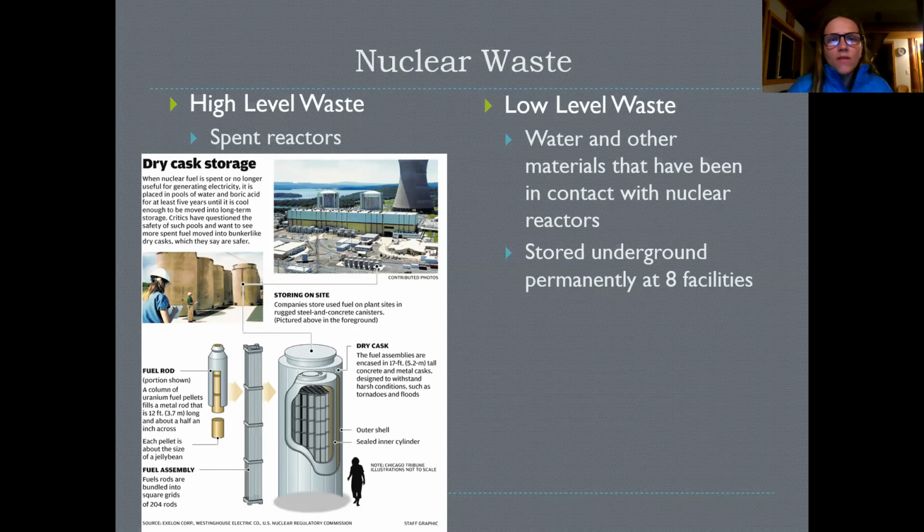And one of the things that they do to store these materials once they're done is they put them in what are called dry casks. So I have some images down here with some information that shows a person and then how long these reactor cores are and then how long these dry casks would be that they would be stored in. So that's what that would look like.